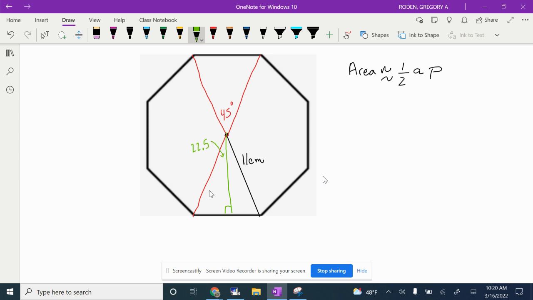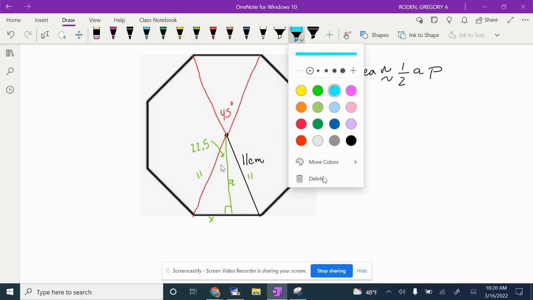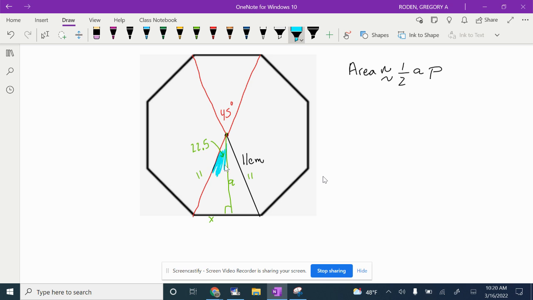Now, we know that the radii are 11. So now we're going to have to find 2 things. We're going to have to find the apothem, and then we're going to have to find X. You guys with me on that? And so we're finding the area of this blue triangle right here, or rather, the sides of those 2. Just for the sake of it, I always like to use the angle down here, on the bottom left.